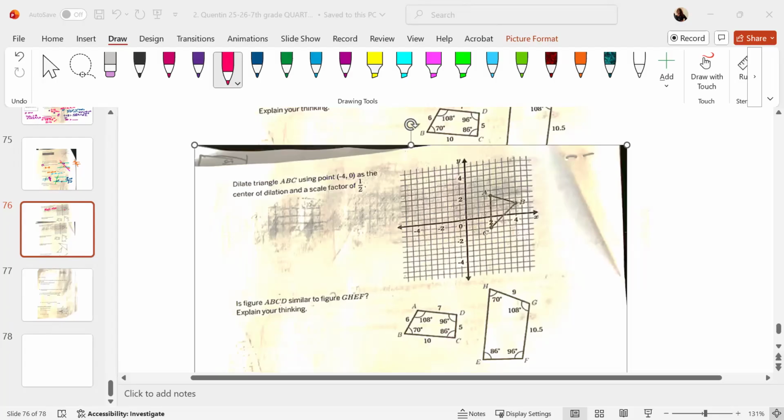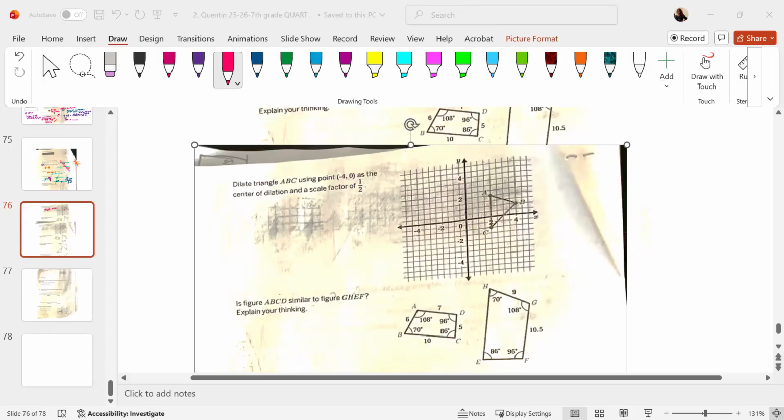So I reduced the size of the triangle by 2. But then show me how you're going to draw it. Why is it over here? Why isn't it over there? Because the point -4, 0 is... I put C as negative 4, 0.